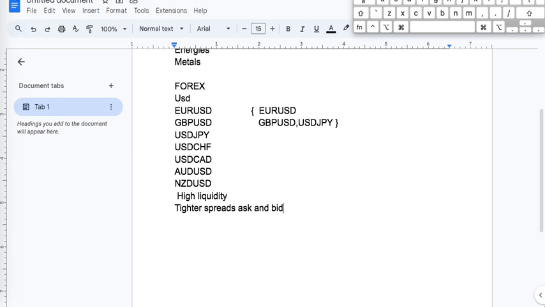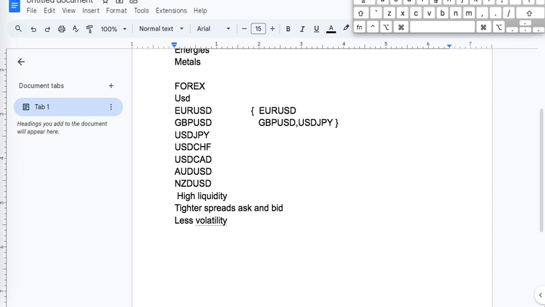Another reason why I would opt for these pairs is the lower volatility. I'll explain what volatility means. Volatility refers to how much a currency pair moves up and down.